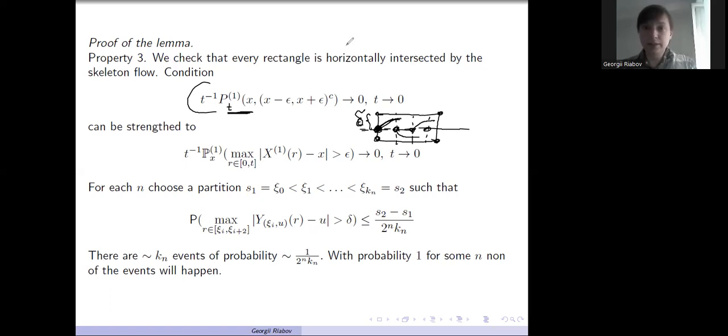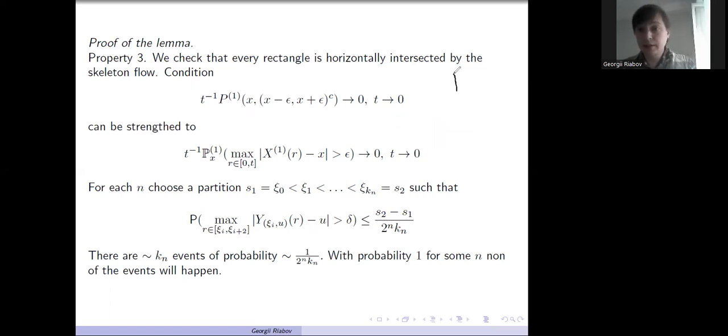It means that if we fix any time s, fix any interval on the real line, construct a rectangle of this type with rational vertices.